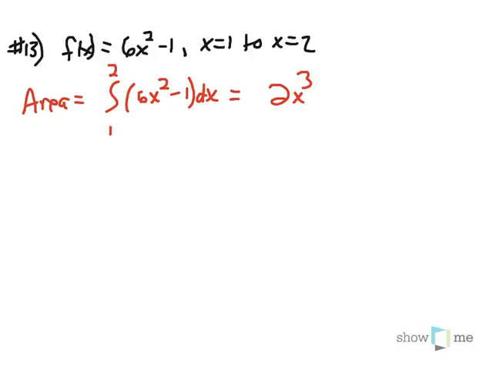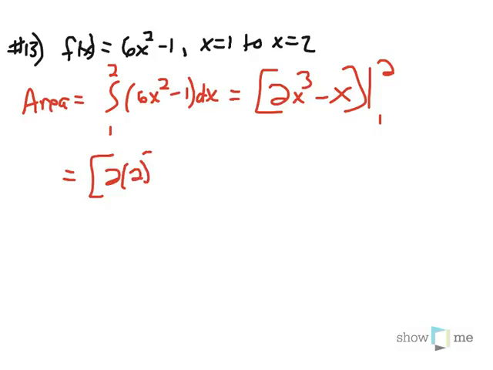Derivative of 2x cubed would be 6x squared, so that shows that that's correct. And then subtract from that x. That's the antiderivative of 1. We're evaluating this from 1 to 2. So that means we're going to take a 2 and plug it in for our x's. Subtract from that, putting a 1 in for our x's.